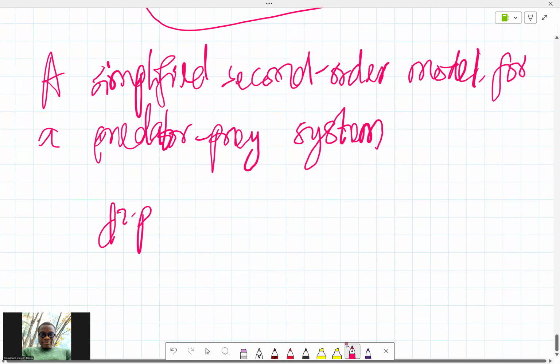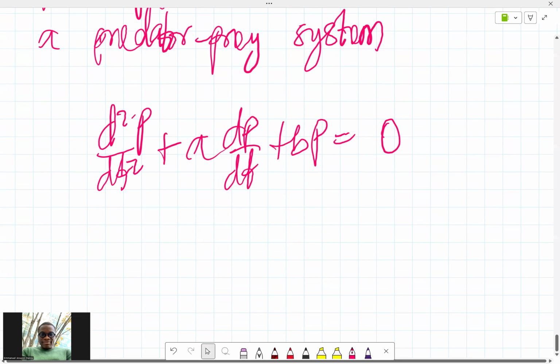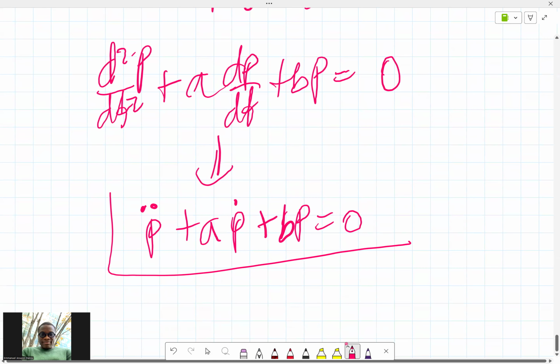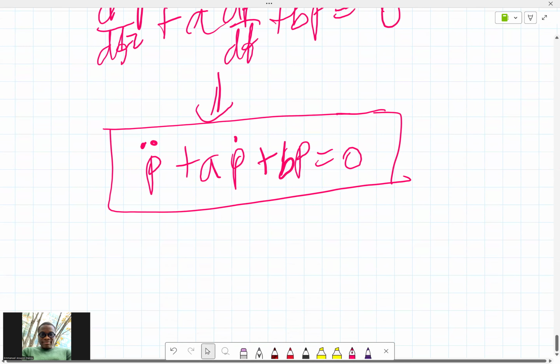So you have d squared p dt squared plus a dp dt plus bp equals 0. Okay. So you can write it in my form, that is p double dot plus a p dot plus b p equals 0. So this is the simplified form of the predator prey, and this actually helps, right?